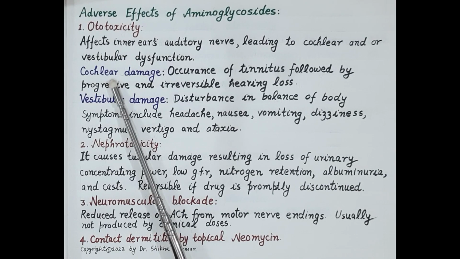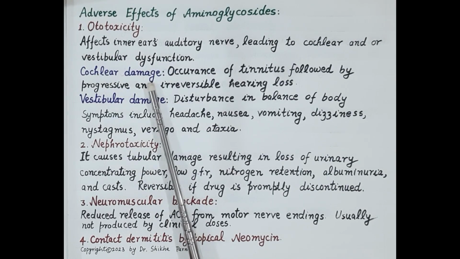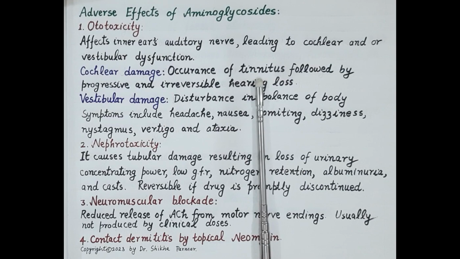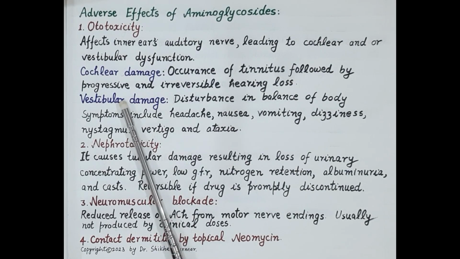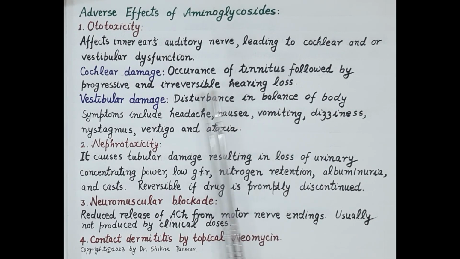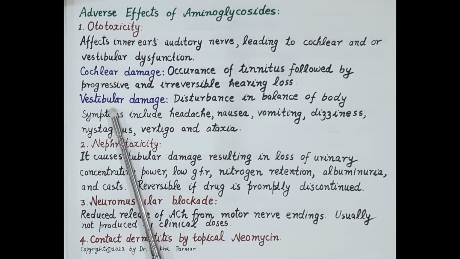Now, cochlea is required for hearing and cochlear damage is manifested by the occurrence of tinnitus, that is ringing in the ears, followed by progressive and irreversible hearing loss. So, this causes irreversible hearing loss. Now, vestibule maintains balance of the body.